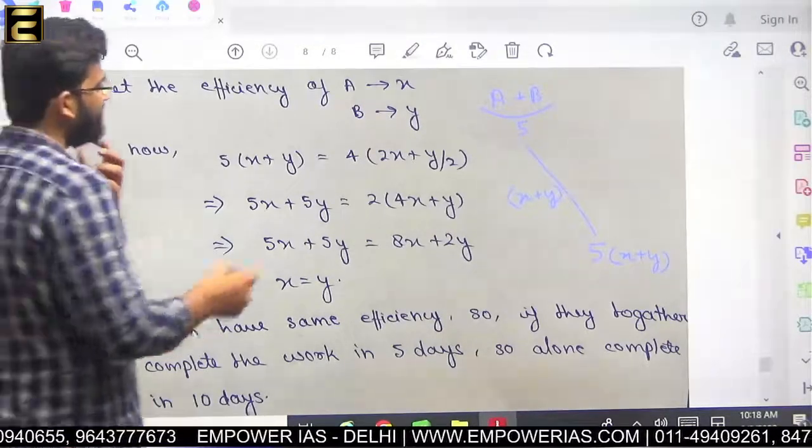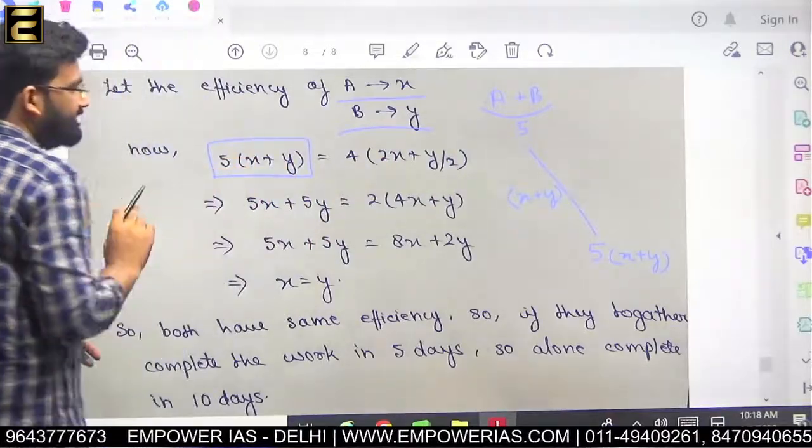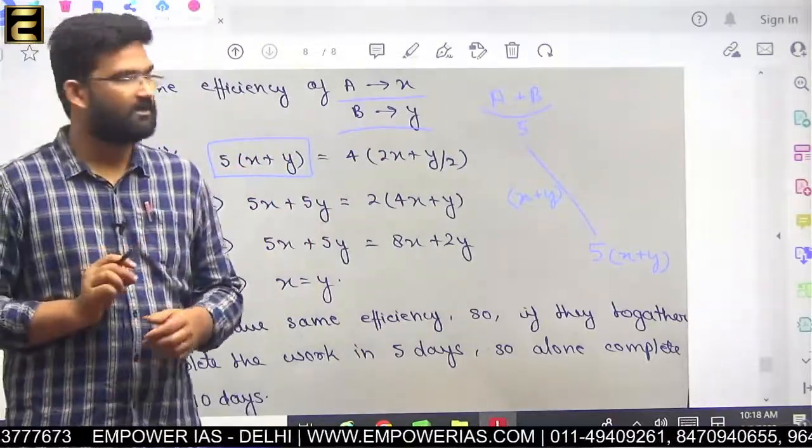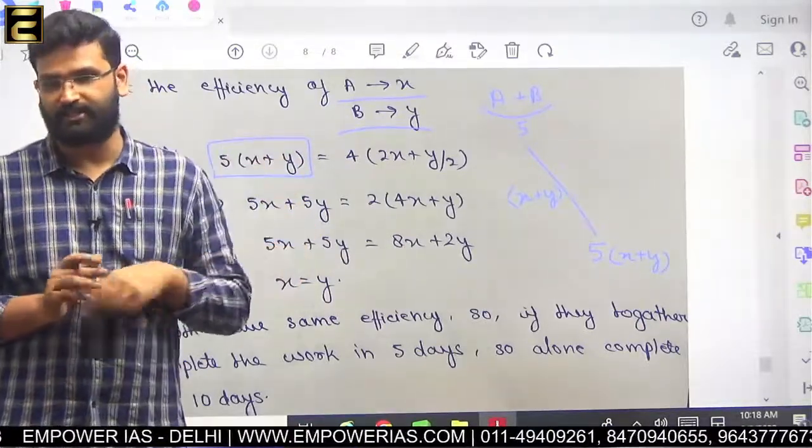So the efficiency of A is x, B is y, then 5(x plus y), and it is mentioned in the question that... हमें यहाँ पे क्यों x और y लेना पड़ा, क्योंकि इसने efficiency को ही change कर दिया है.